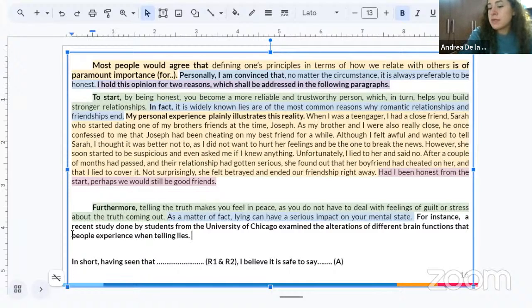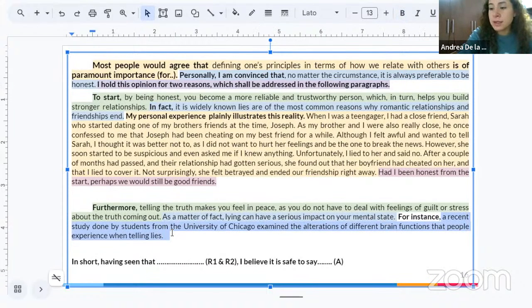Okay, so a recent study done by students from the University of Chicago examined the alterations of different brain functions that people experience when telling lies. This is the context, right? The context of the experiment, what the experiment was about, who made the experiment or the research, the study, whatever it is. Then we have to describe the study, right?